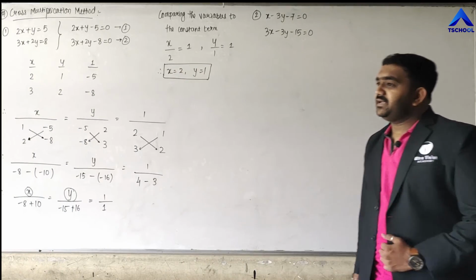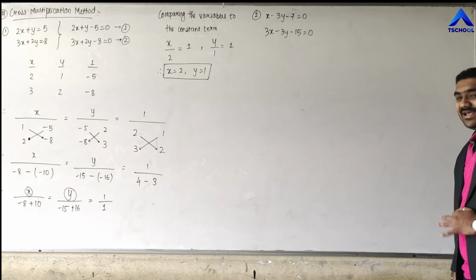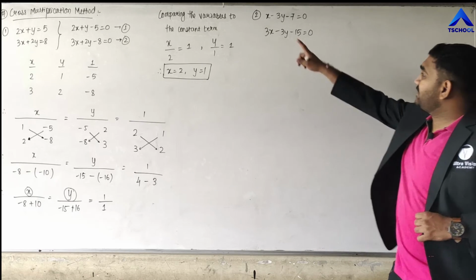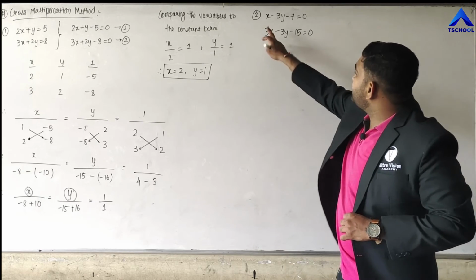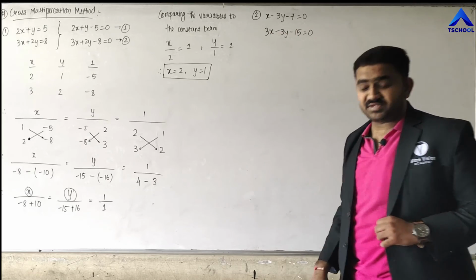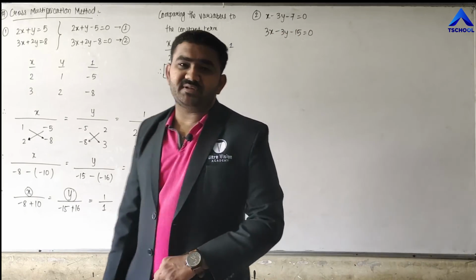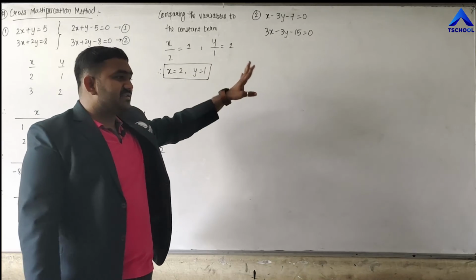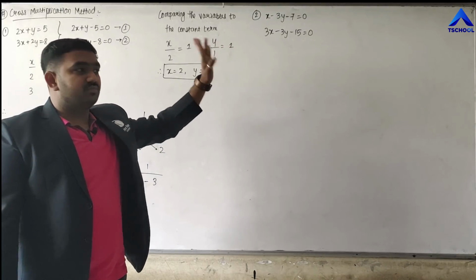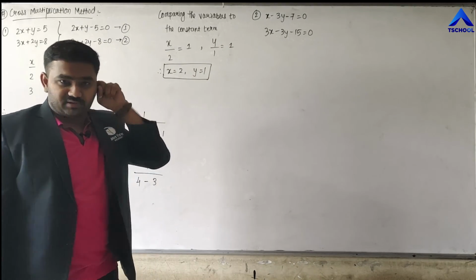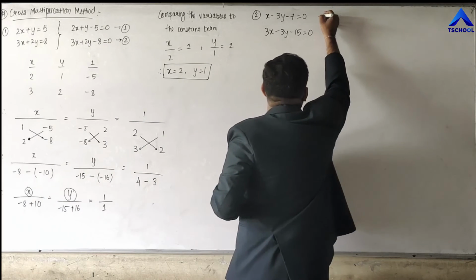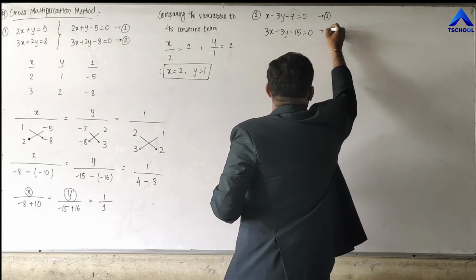Now note that, friends, the given equations are already in the standard form, that is a1x plus b1y plus c1 equal to 0 and a2x plus b2y plus c2 equal to 0. See the right side, both the equations are equal to 0. So we don't need to convert them to the standard form here.